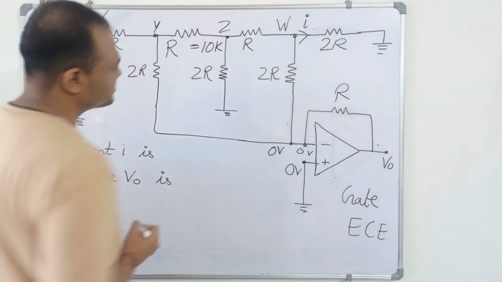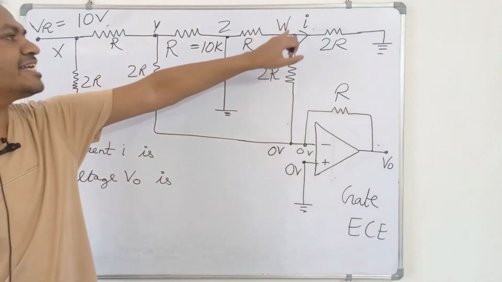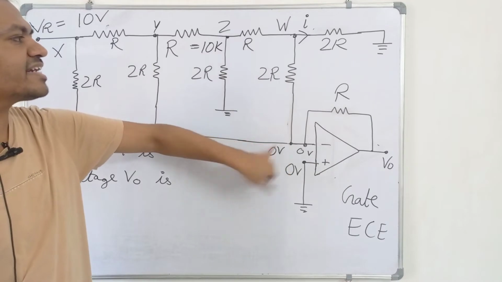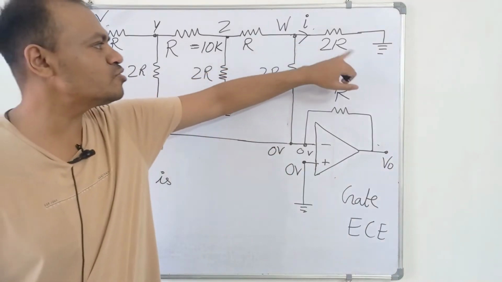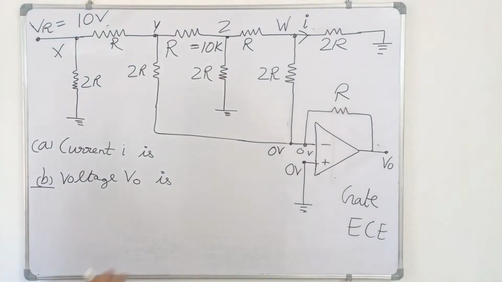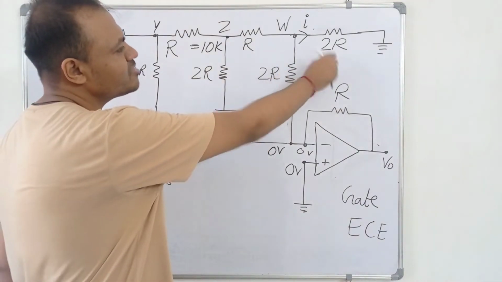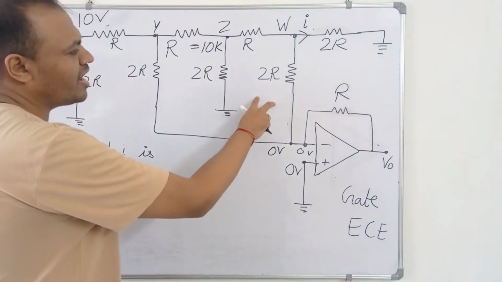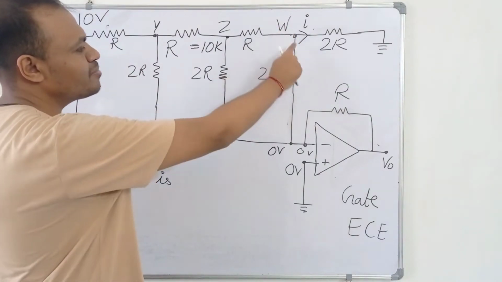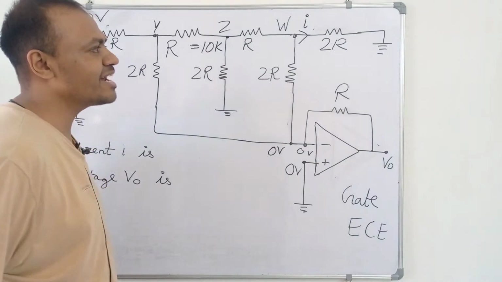If we see at W, this 2R is connected to 0 volt, and this 2R is also connected to W and 0 volt as grounded. So this 2R and this 2R are in parallel because one end of both resistances is connected to node W and the other end is grounded.